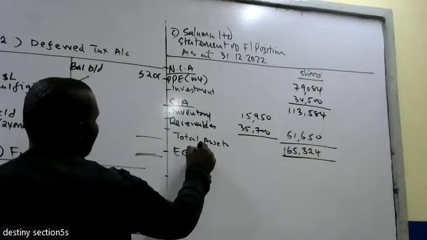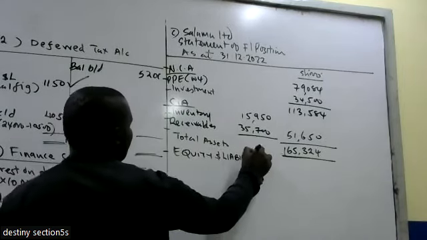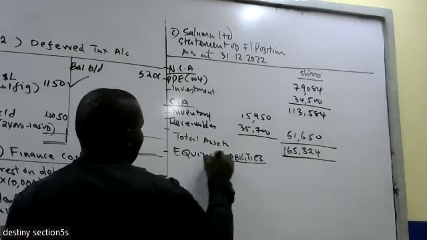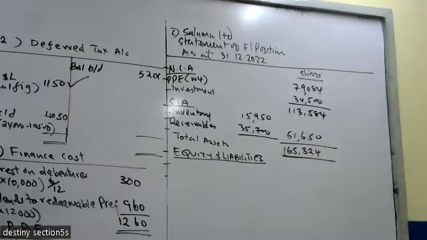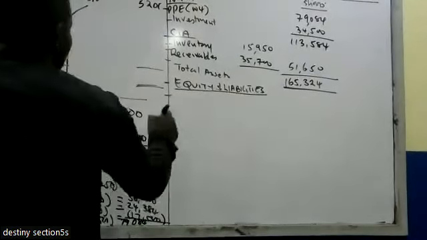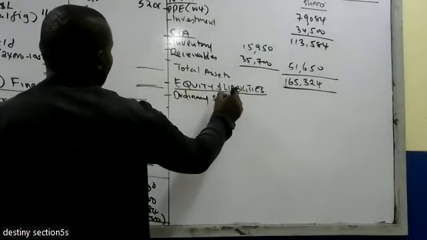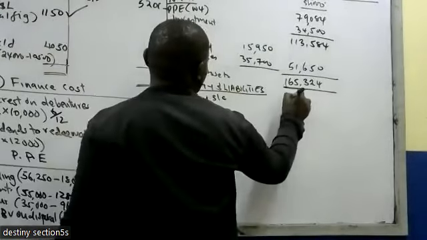Equity and liabilities. So pick them from the statement of changes in equity. So ordinary share capital, 30,000.